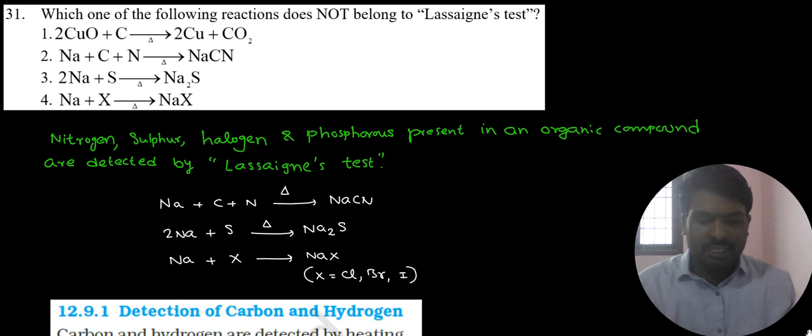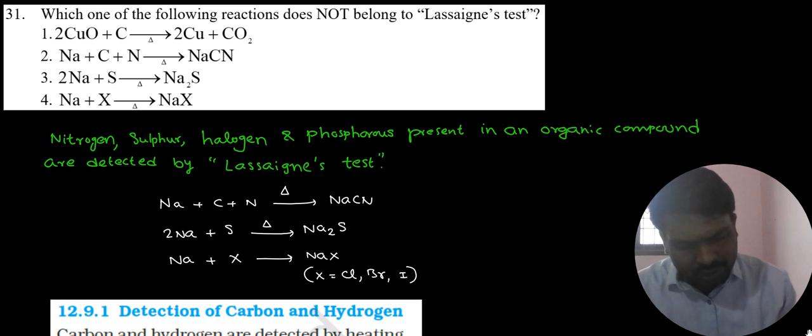But here the first reaction, 2 mole copper oxide plus carbon giving rise to 2 mole Cu plus CO2, does not belong to Lassaigne's test, meaning the sodium fusion extract test.